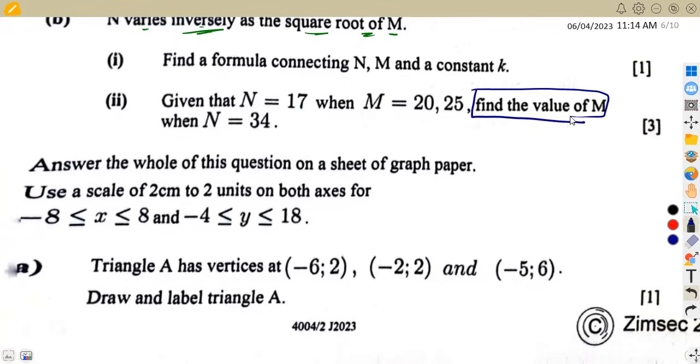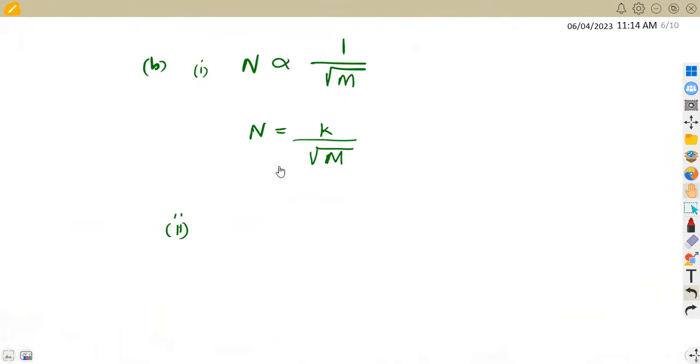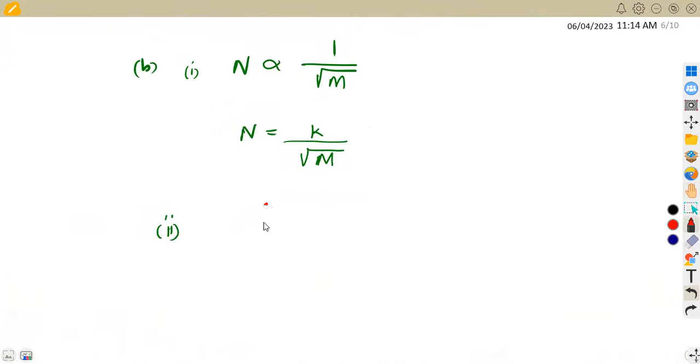Find M. From the first information that you are given, you must calculate the value of K. If N is 17 and M is 20,25, we must find K, the constant, first.